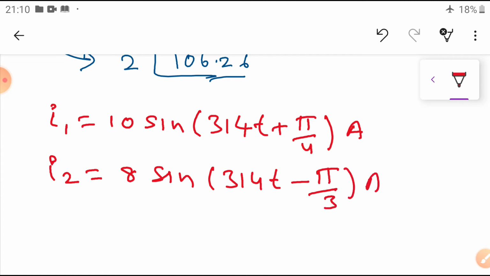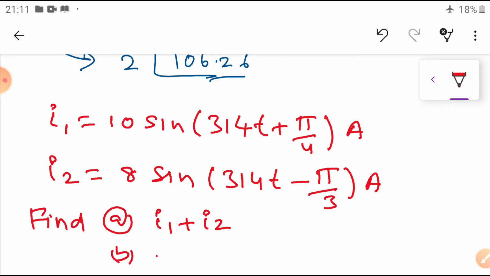Two vectors are given. What is asked is to find A, I1 plus I2, and B, I1 minus I2, in j notation.